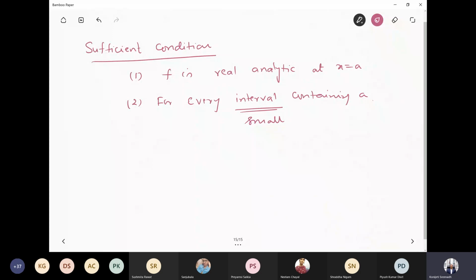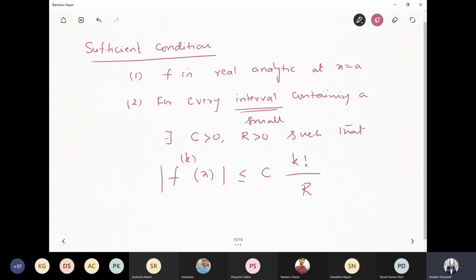Okay. There exist constants c greater than 0 and r greater than 0 such that the derivatives satisfy |f^(k)(x)| is less than or equal to c k factorial by r^k.